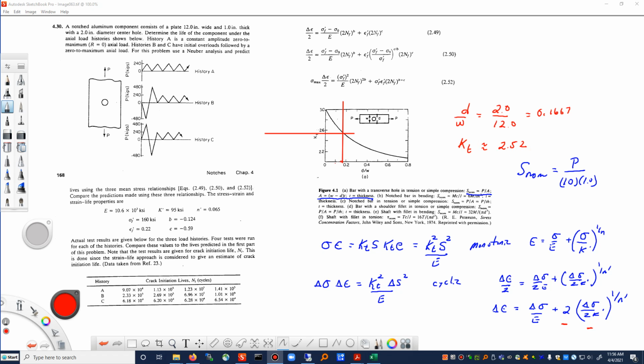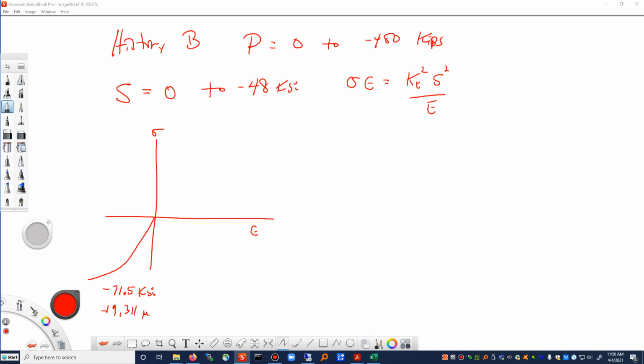And so now I'm going to use my cyclic Neuber's rule. Delta sigma delta epsilon is equal to KT squared delta S squared over E form of it.